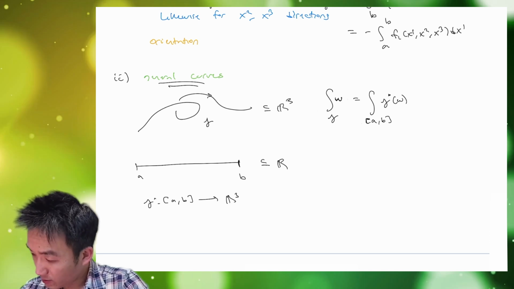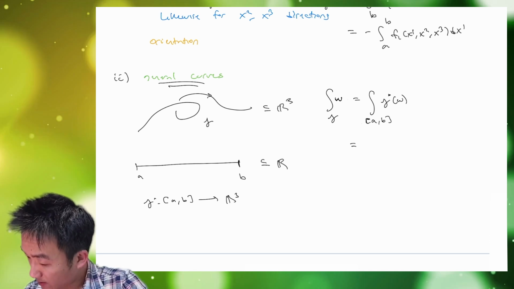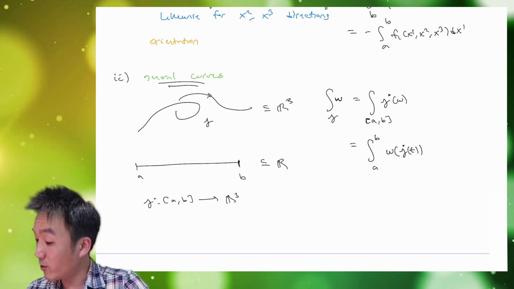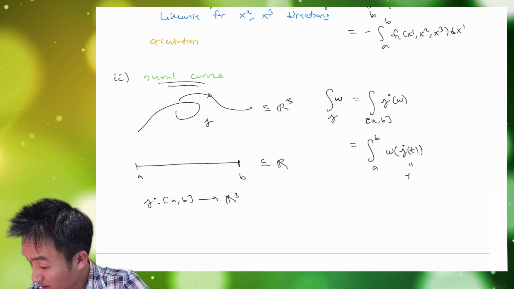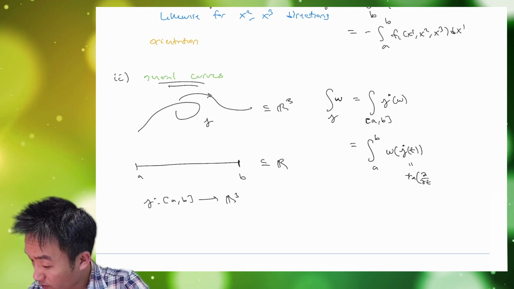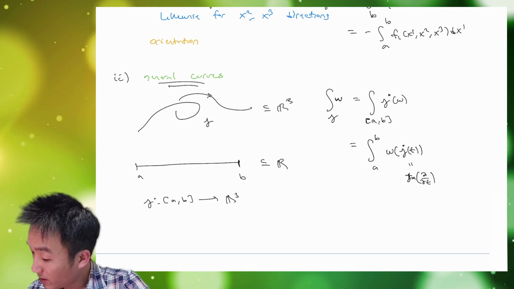This is also the same as omega evaluated on the derivative of gamma, or this is also the same thing as omega evaluated on gamma push forward partial t, times dt.